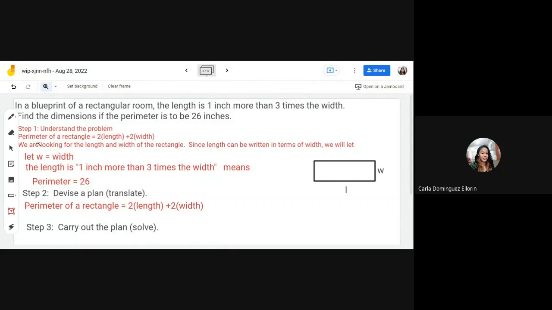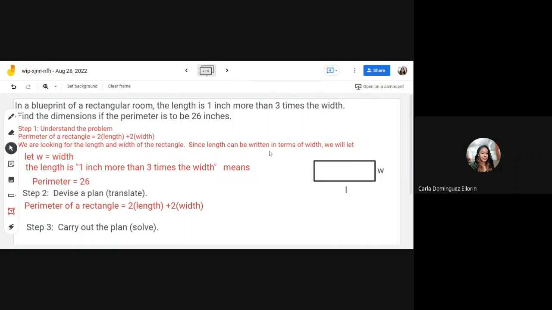If I still remember, the perimeter of a rectangle is equal to 2 times length plus 2 times width. Since we have 2 lengths, up saka yung sa bottom, and then left and right. That is the width. Okay, so in the problem, we are looking for the length and width of a rectangle.